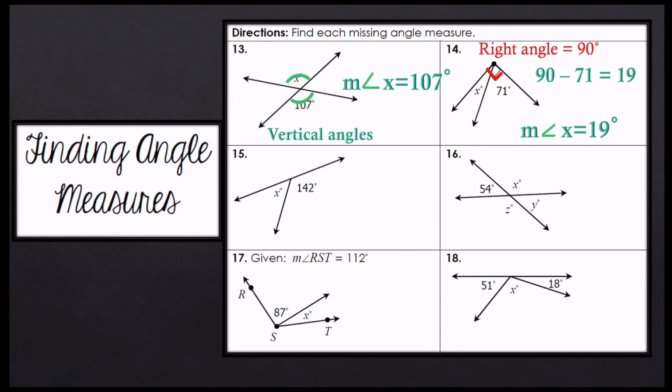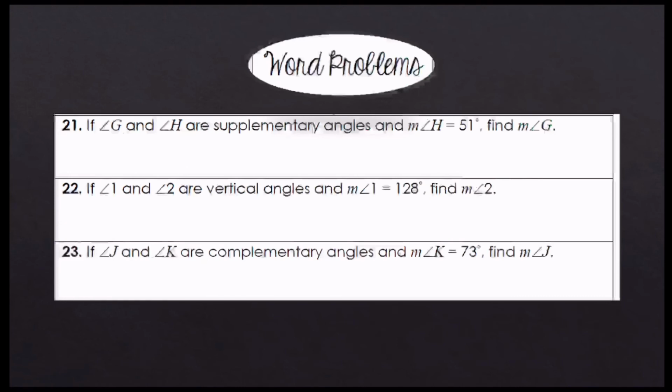You're going to finish 15 through 18 on your own. So this is quote unquote a word problem for this stuff. If angle G and angle H are supplementary angles, and the measure of angle H is 51, find the measure of G. Well, supplementary angles equal 180.